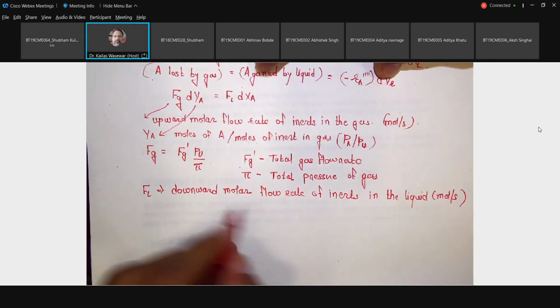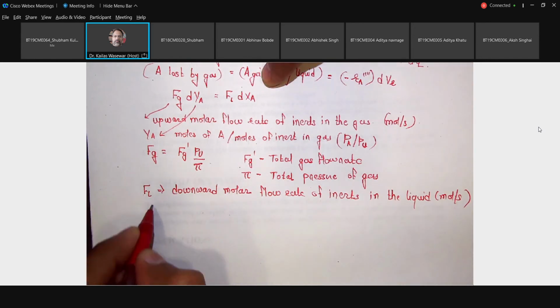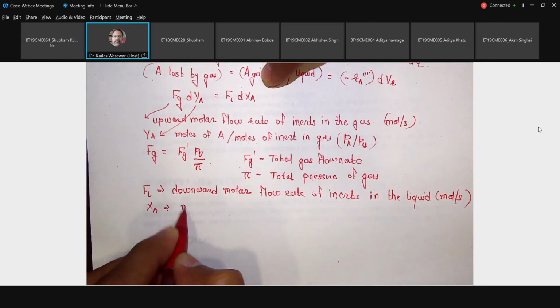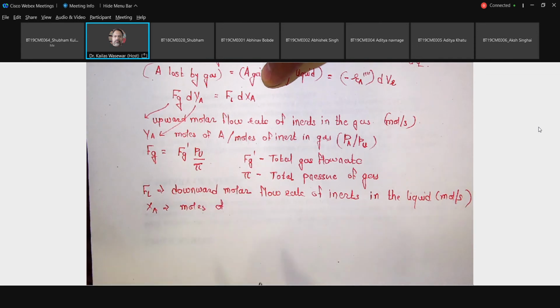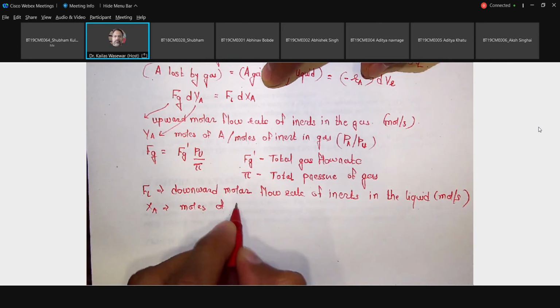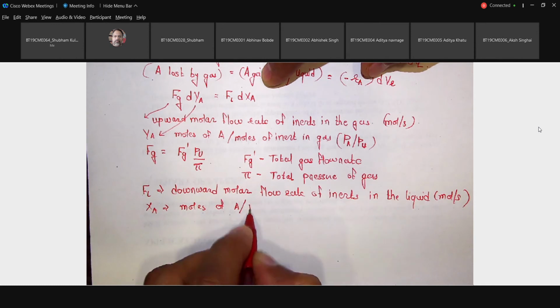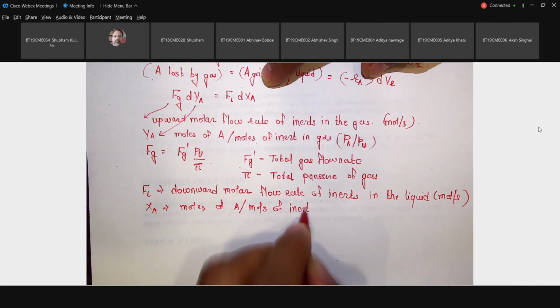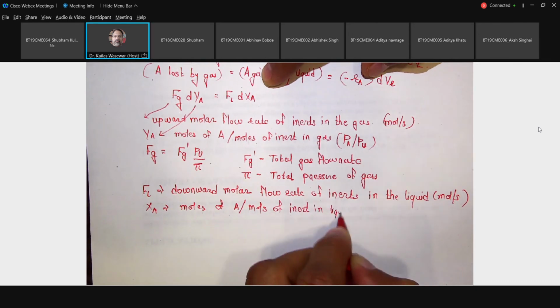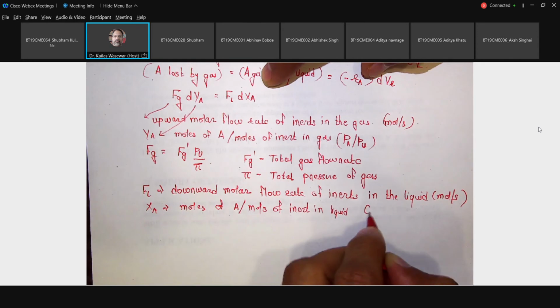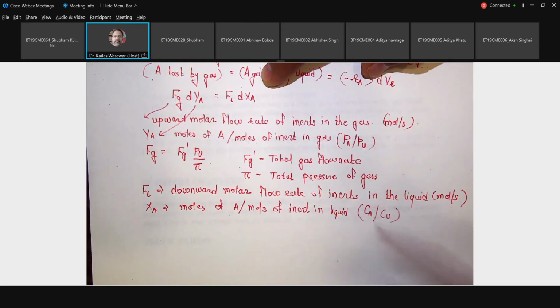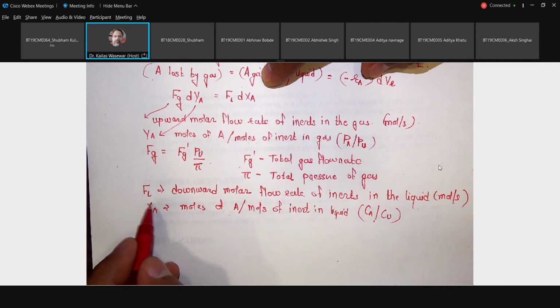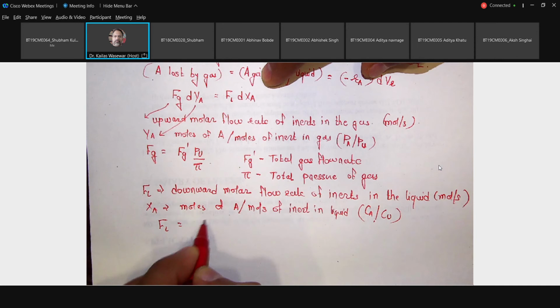Similarly, this XA, moles of A per unit moles of inert in liquid. So this will be defined as Ca upon Cu, is it? And this FL will be FL prime Cu upon Ct.